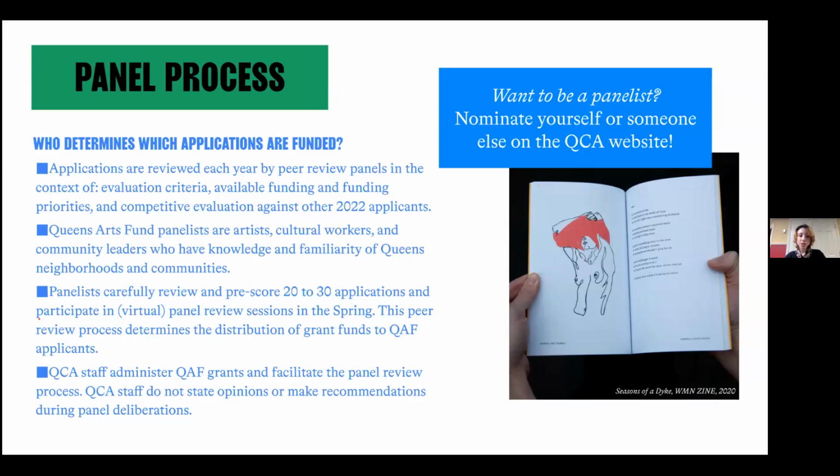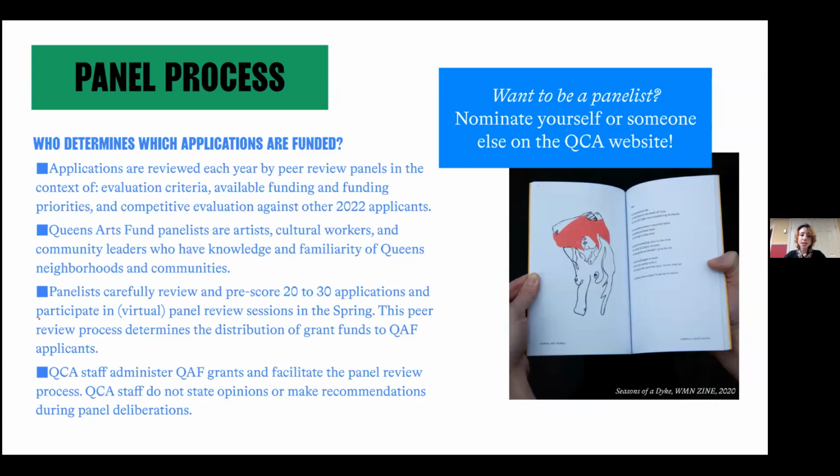And how does the panel process work? At the end of March, nominated panelists are notified if they've been selected to serve as panelists. Then you'll get about 20 to 30 applications to pre-score and read over before meeting in virtual panel sessions in the spring.